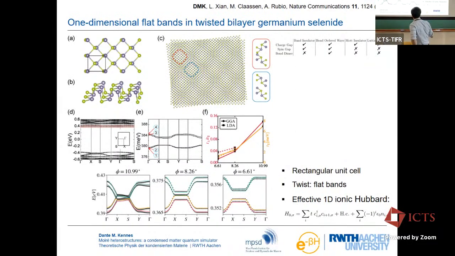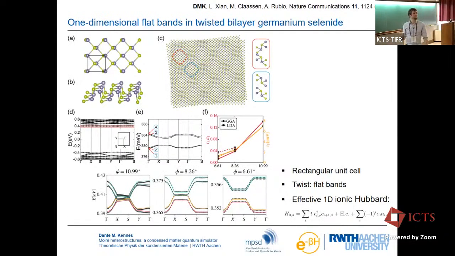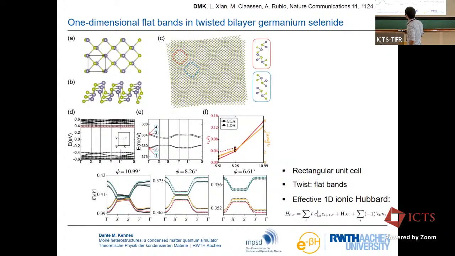Yes. So this epsilon naught must give you basically this gap here, right? You can see from this panel E. So the bandwidth here, well, I guess if you take this as the bandwidth, the bands come here basically.